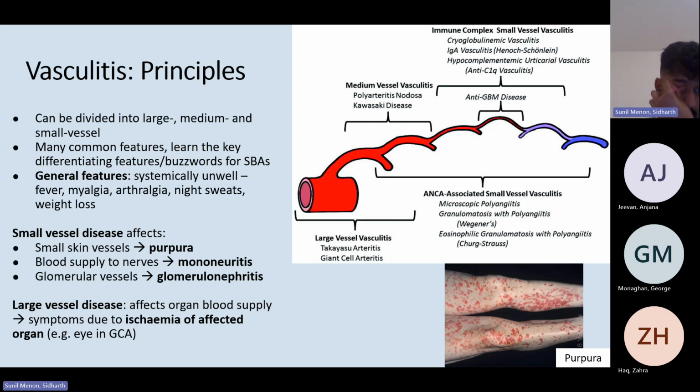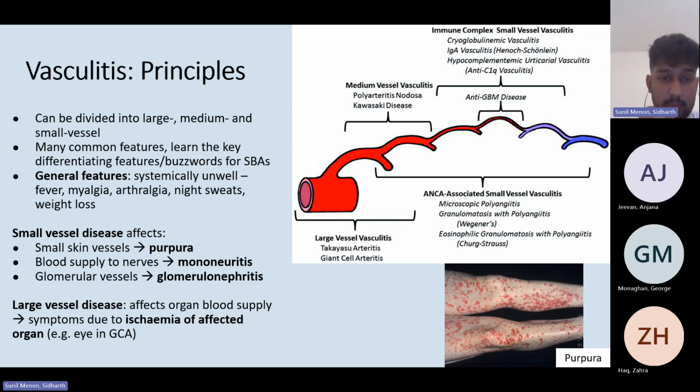So small skin vessels, purpura. You can see the purpura at the bottom right. So it's associated with a wide range of vasculitic conditions. Blood supply to nerves can be affected, which can lead to mononeuritis. Glomerulonephritis is another thing that you see often with this.